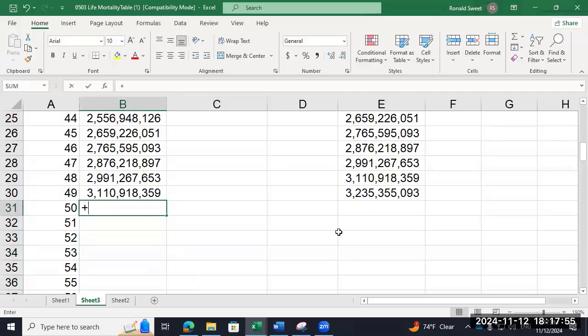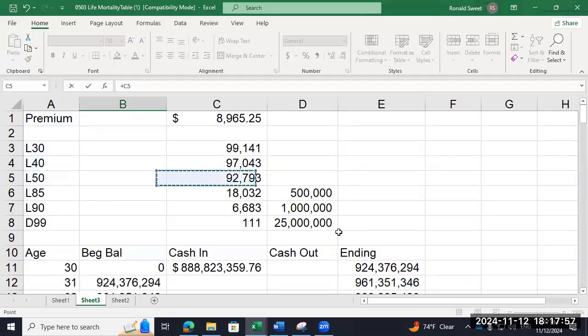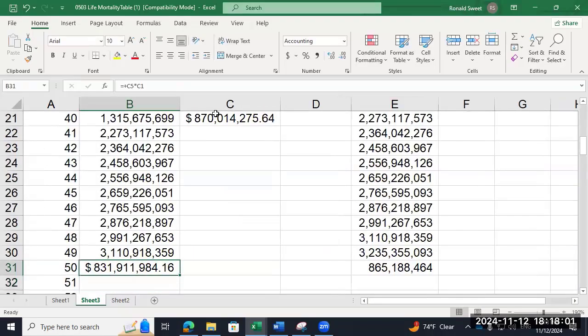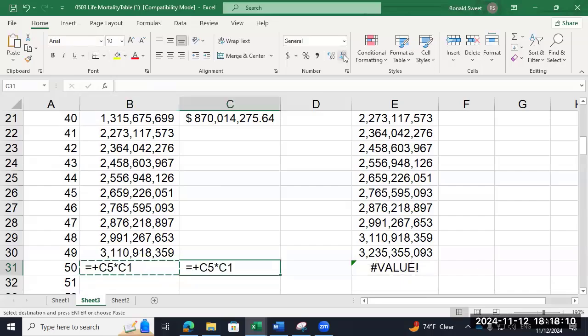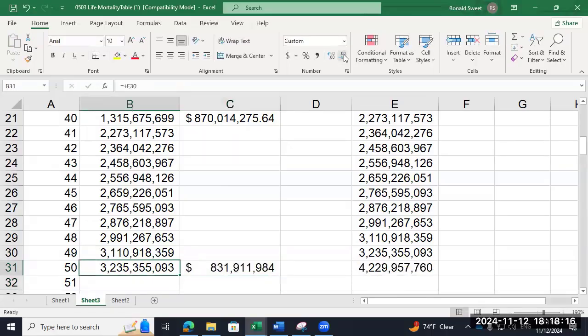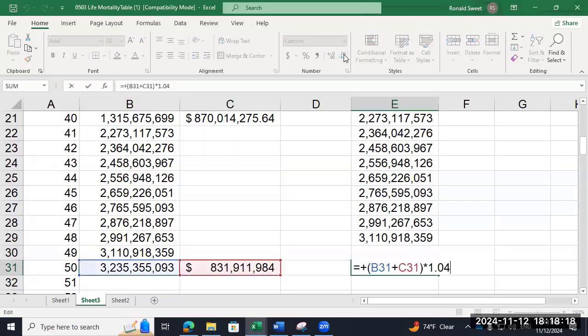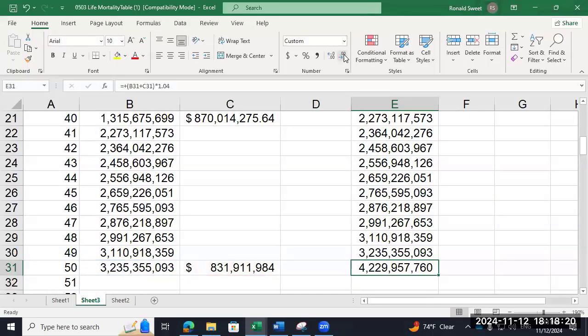And at age 50, we get the L50s times $8,000, $9,000. So we carry that forward, and in here we add those two together, we get 4%. And that's the last of our money.